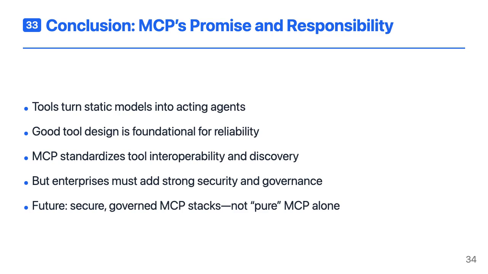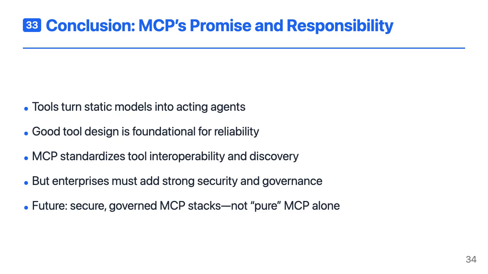Stepping back, the story is twofold. First, tools are what transform large language models from static pattern predictors into agents that can perceive and act. Their effectiveness depends heavily on careful design, clear documentation, task-focused interfaces, concise outputs, and informative errors. Second, MCP offers a powerful standard for connecting agents to tools at scale, solving the integration problem and enabling dynamic, modular architectures.